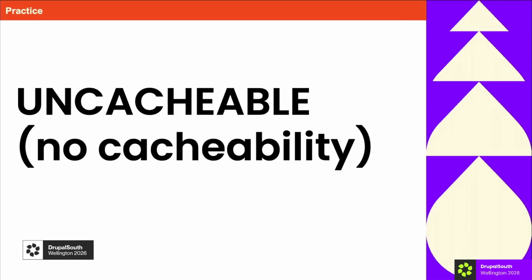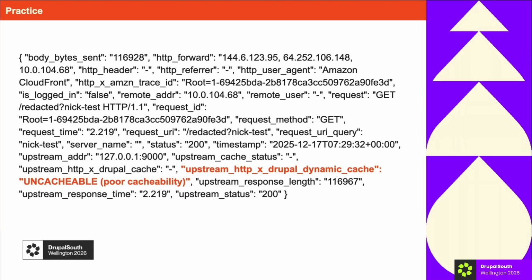My favorite piece of low-hanging fruit is this one, which I almost named the talk about. I was literally just going to call the talk "uncacheable", because I've been fighting this for years and years and years.